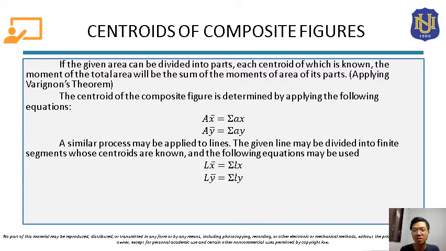A similar process may be applied to lines. The given line may be divided into finite segments whose centroids are known, and the following equations may be used: L x bar is equal to summation of Lx, and L y bar is equal to summation of Ly, wherein capital letter L is the total length of the composite line. The x bar and y bar are the coordinates of the centroid of that composite line. The small letter L is each line that composes the composite line.